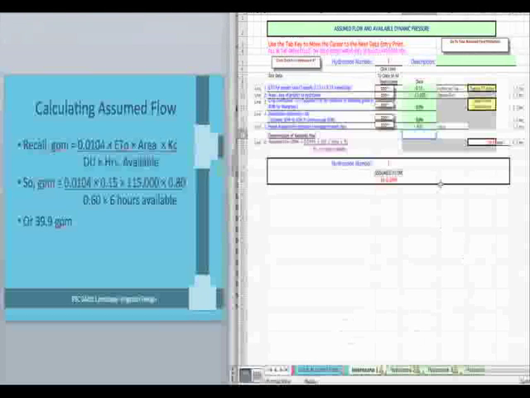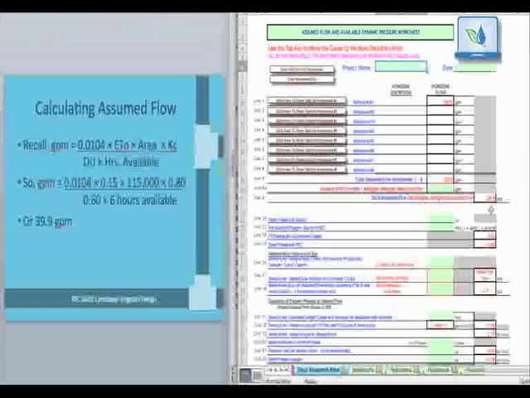Now let's go back to our worksheet. We filled out all we could about our hydrozone. I'm going to go back to the front and notice that it's pulled that information for hydrozone 1 and entered it here. We haven't done anything else with these other hydrozones. There are spaces to add up to 8. So it's just taken what we do have, which is hydrozone 1, and we have a total assumed flow of 39.9.